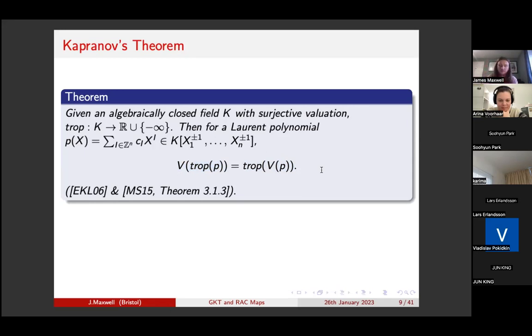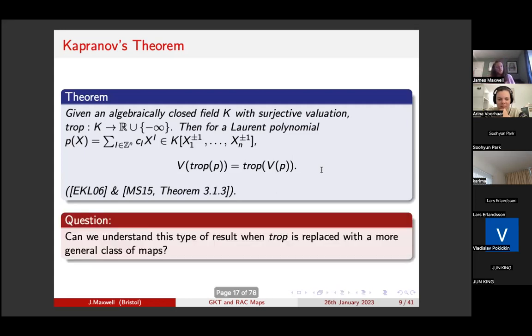But we can go either way, and the points correspond here. The question I was working on in my PhD was taking some of these results, including Kapranov's theorem: how far can we stretch them? How can we loosen some of the constraints? Do they just hold in this setting, or is there a more general setting where these relationships hold? Can we understand this type of question when trop is replaced with some general class of maps?